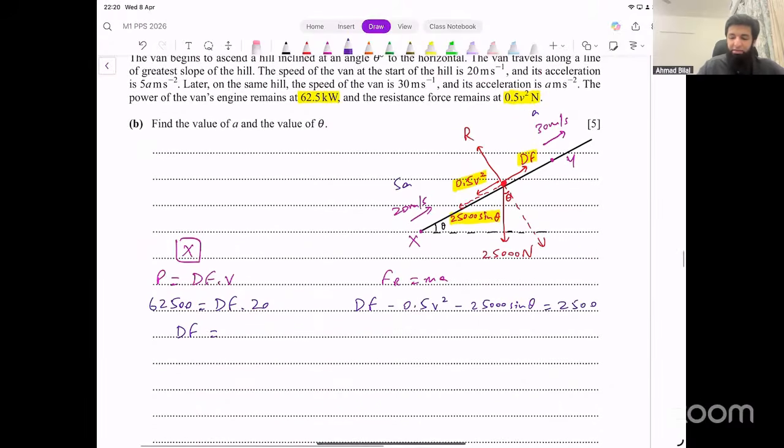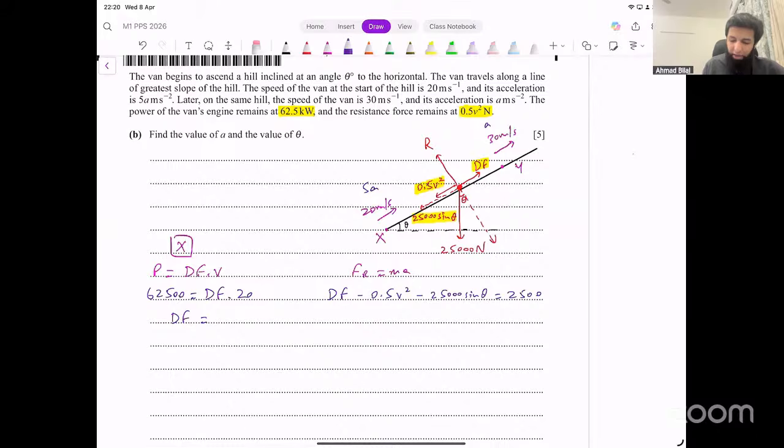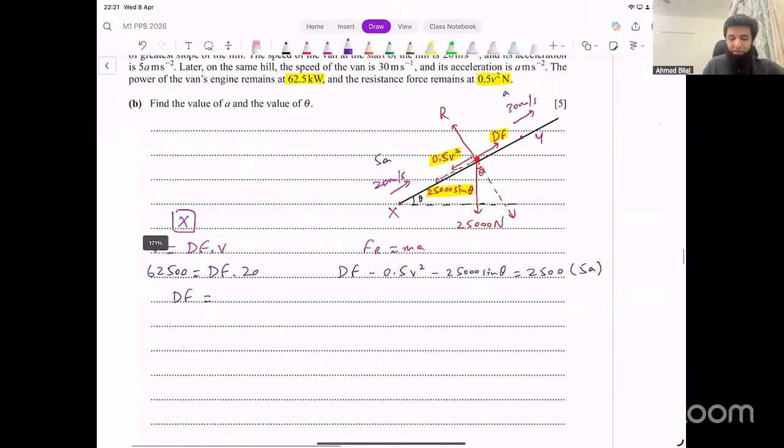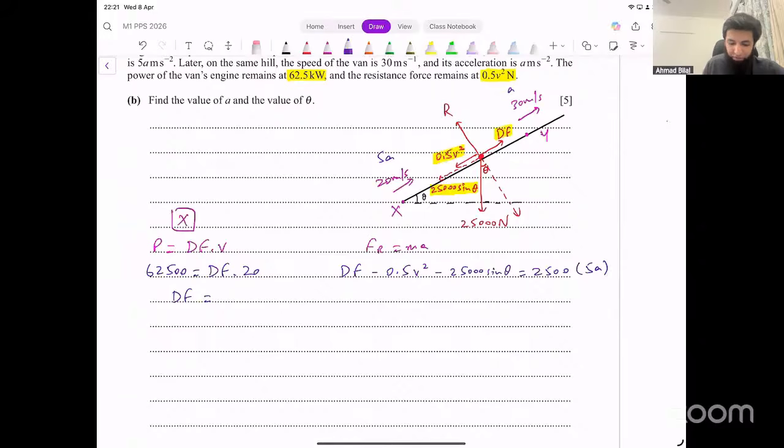They told us that the acceleration at the bottom was 5 times a. So 2500 times 5a. This is what we end up getting. Now, from the first equation, the driving force turns out to be 3125. Input that in the other equation, it becomes 3125 minus 0.5 v squared. The value for v was 20 at the bottom.